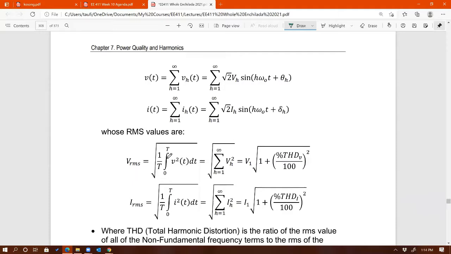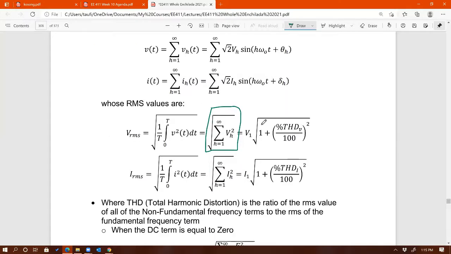If voltage and current have harmonics, then the equation to calculate RMS will be this equation right here, from h equals 1 to infinity of V_h squared. And if you are using THD, you can also use this equation right there. Same thing for the current.